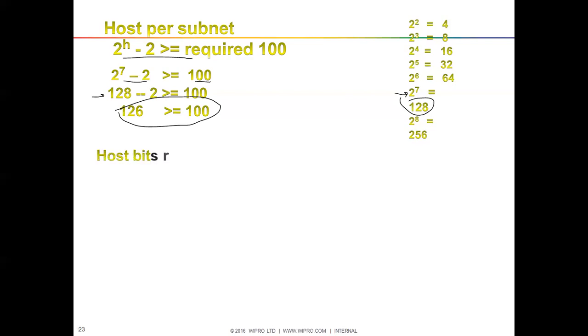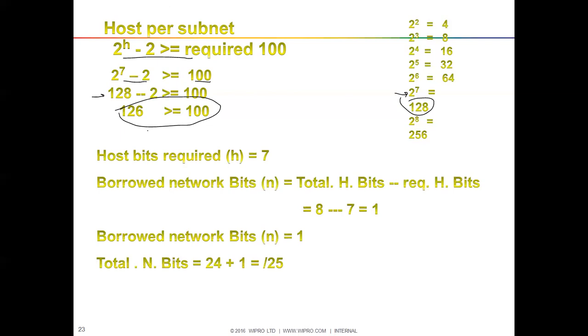So we got the first value, the host bits required, the h value. We got 2 raised to power 7, so this is our h value. Then we borrow network bits. What are the default network bits in class C? 8 minus 7 is equal to 1.